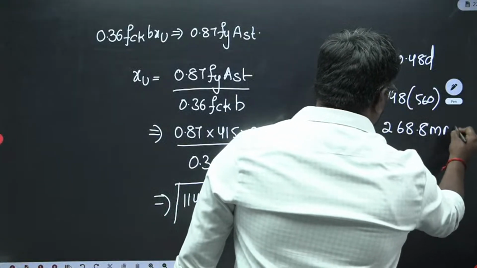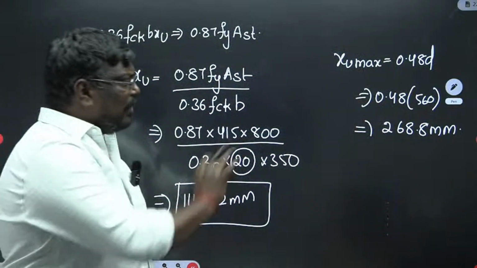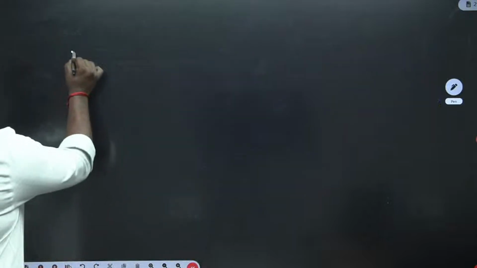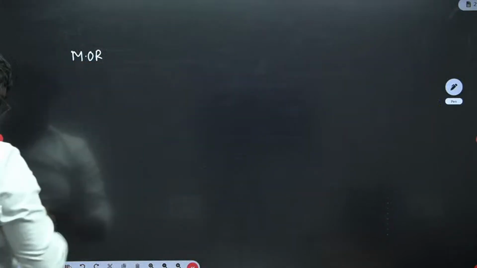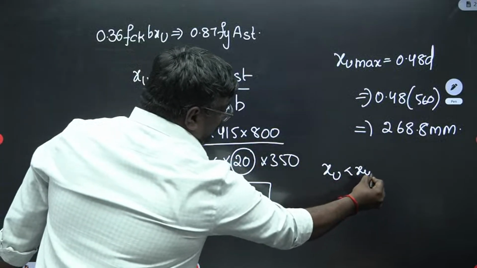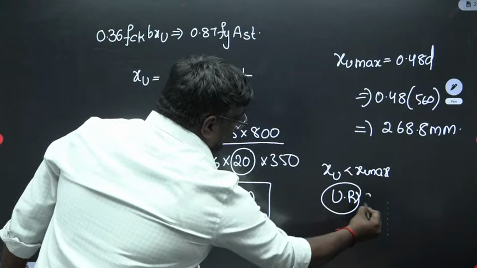Now we have the moment of resistance. Here, xu is less than xu max. When xu is less than xu max, what is that, sir? It is an under reinforced section.